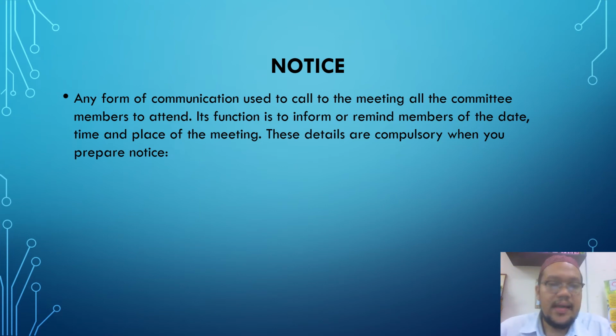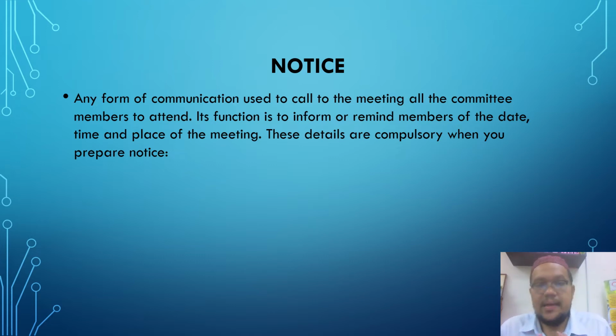Notice is any form of communication used to call all the committee members to attend the meeting. Its function is to inform or remind members of the date, time, and place of the meeting. These are the three basic things that you put in the notice. These details are compulsory when you prepare a notice.